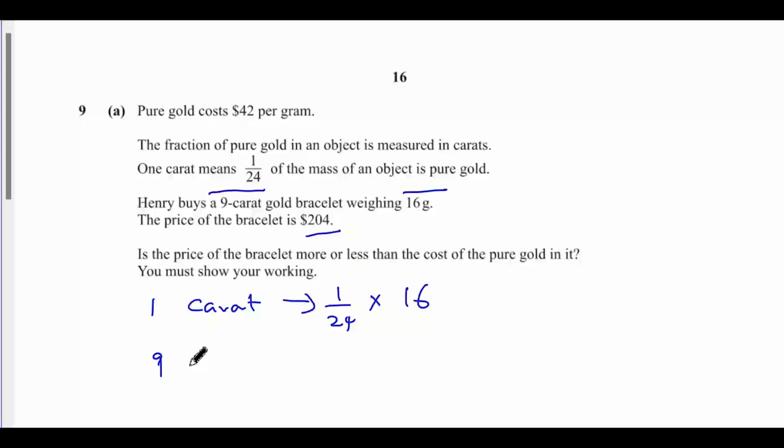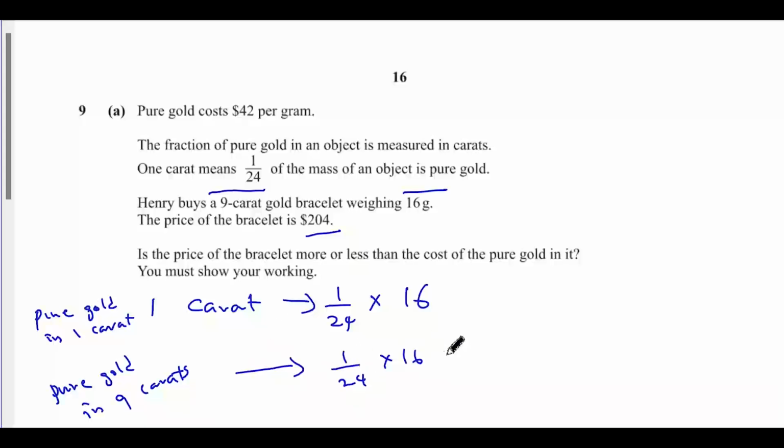So now, pure gold in 9 carats will be this. Let's write pure gold in 9 carats.